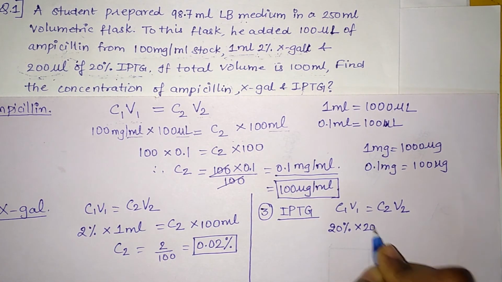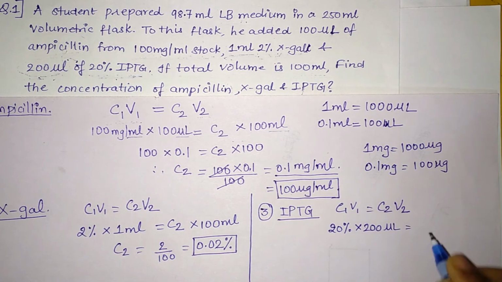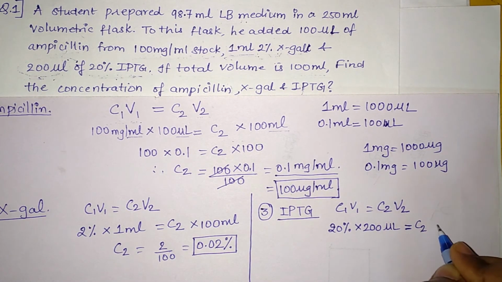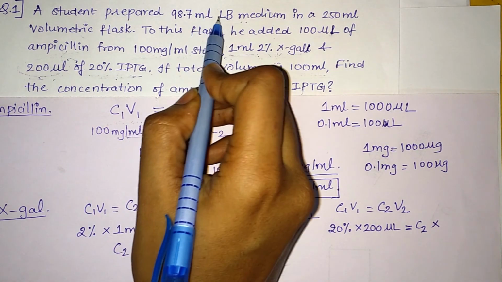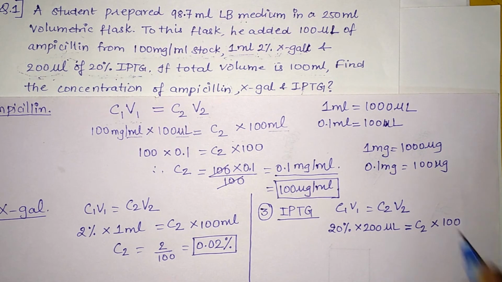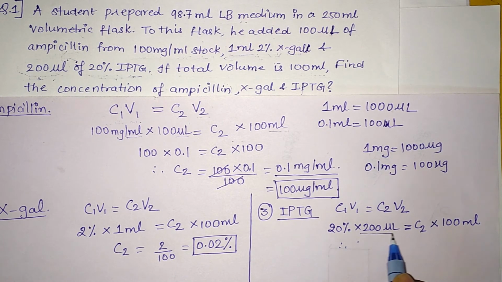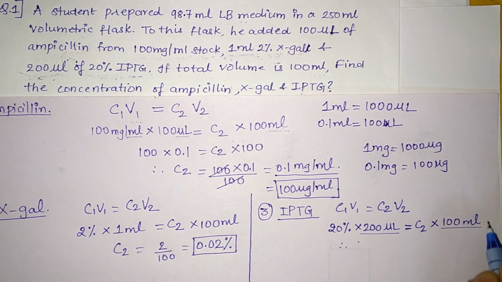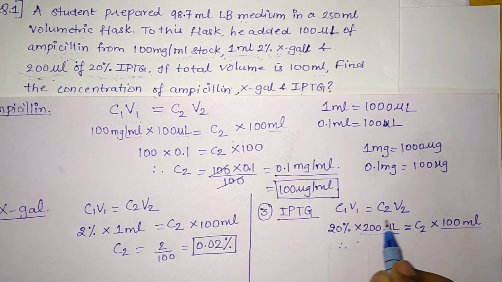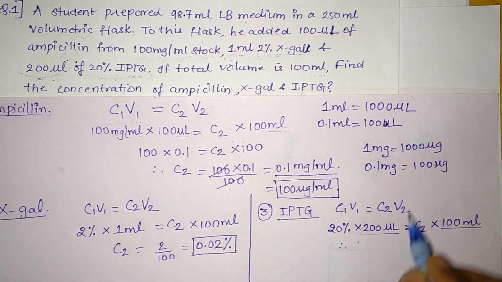V1 is given as 200 microliters, C2 we need to find out, and V2 will be the volume of our LB medium, that is 100 ml. Again we need to make one small change, students. Here we have microliters, but elsewhere it is in ml. So we have to convert our 200 microliters into ml.